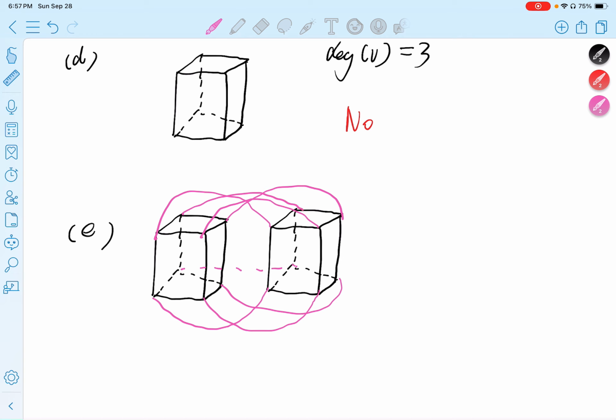But for this problem, you don't actually need to write down the four-dimensional hypercube, because what matters is not what the hypercube looks like, but the degree of each vertex. If you look at this vertex, in the three-dimensional hypercube, it's connected to three other vertices, but in four-dimensional, because it's also connected to its copy, there's one more edge.